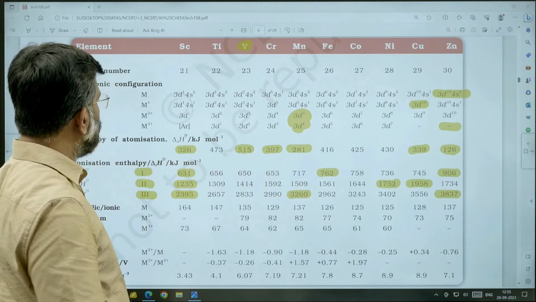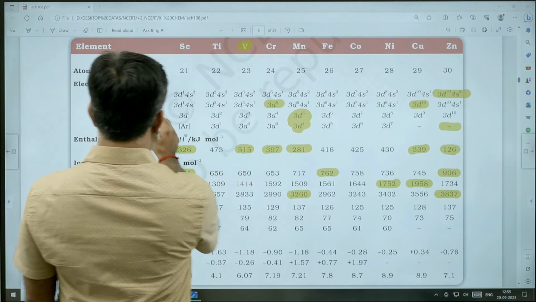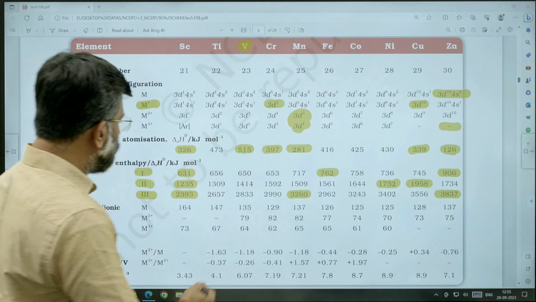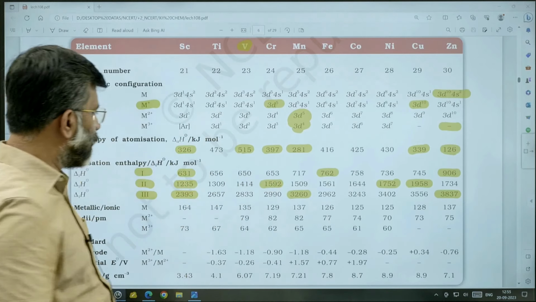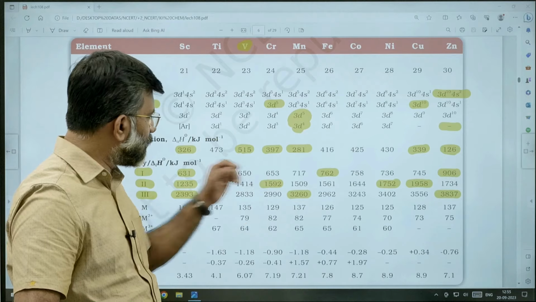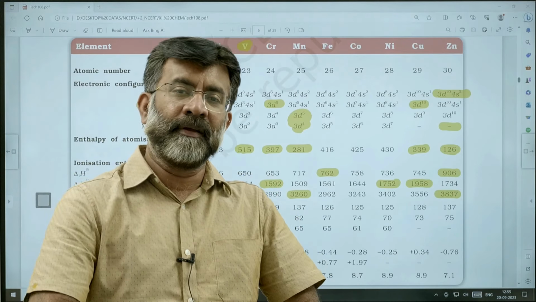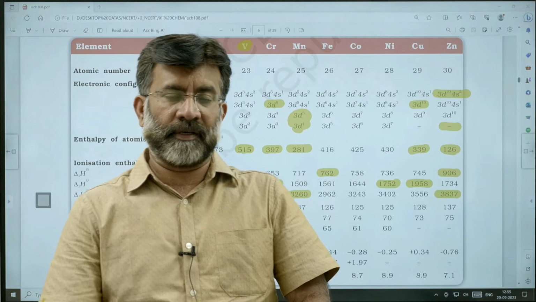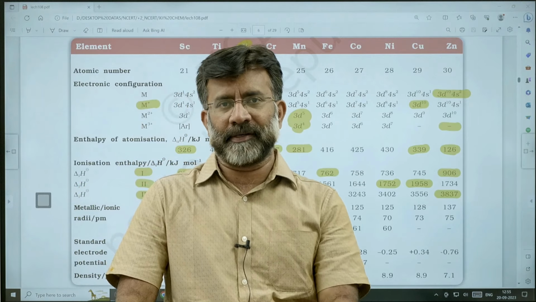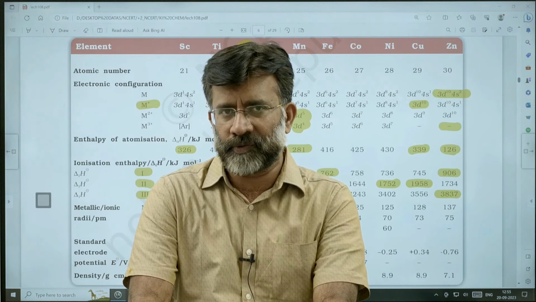What about chromium? Chromium second ionization will be a slightly greater value because it is again having a D5 configuration. D0 configuration will be stable due to the noble gas system.